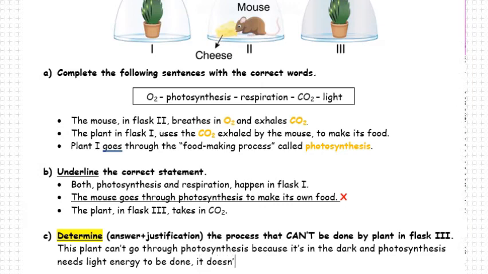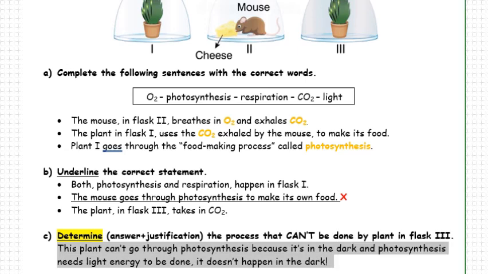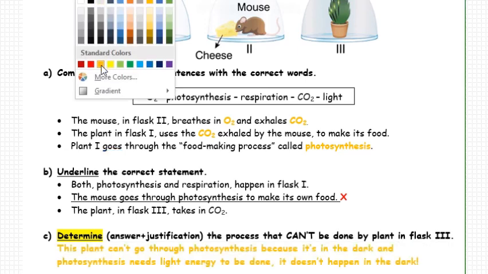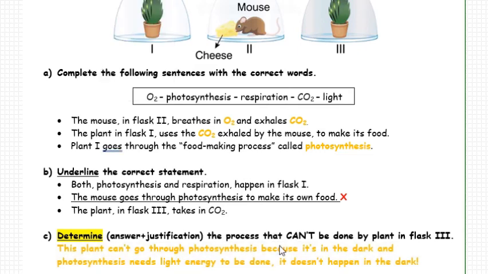It does not happen in the dark. The plant in flask number 3 is in the dark, it can't go through photosynthesis since photosynthesis needs light energy.